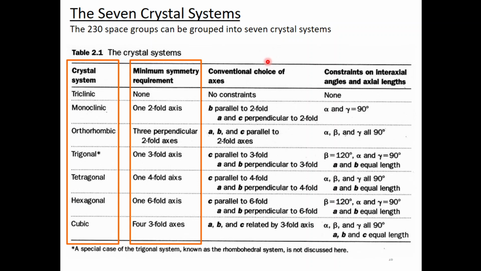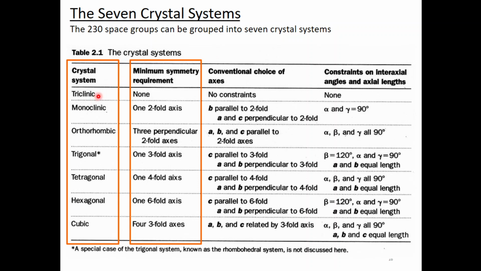So the answer is that we always prefer to choose those unit cells that have maximum symmetry and minimum size. Maximum symmetry and minimum size. So keeping in view these two parameters, we come up with only 7 basic crystal systems.